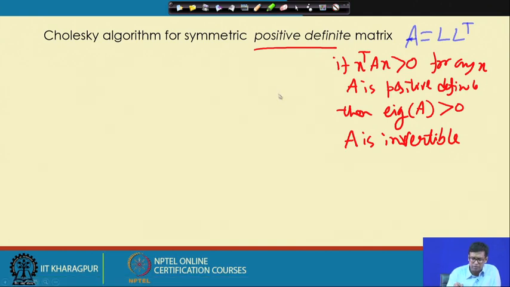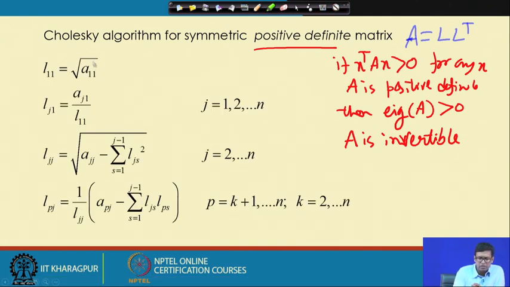This algorithm tells us L11 is the square root of A11. So, we take the first term of the matrix A and its square root gives us L11, and we form the remaining terms of the first column of L. Then we go to the next column: it is again A minus a summation of the squares of whatever is in the first column, and then its square root, because the multiplication will finally give me A. And similarly, this is the diagonal term, and we form the off diagonal terms of each column.